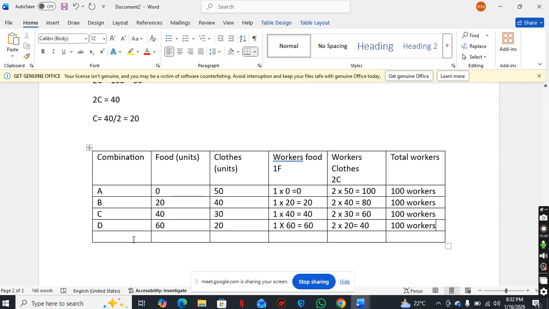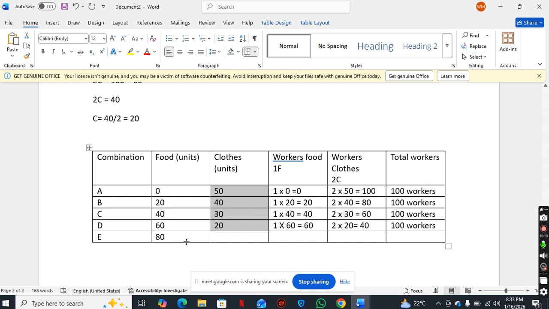If we say now, okay, point E wants to produce 80 units of food. Now, you can notice the trend here. Food is increasing by 20s. Clothes are decreasing by 10s.